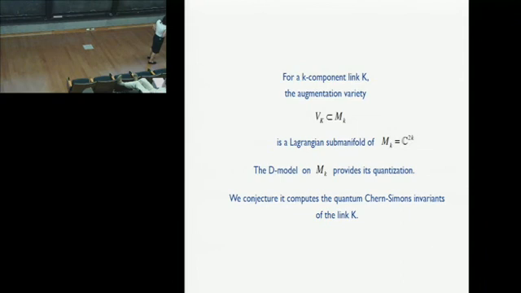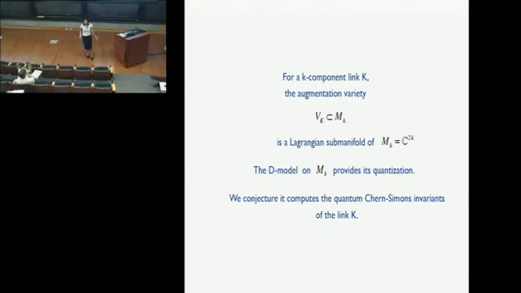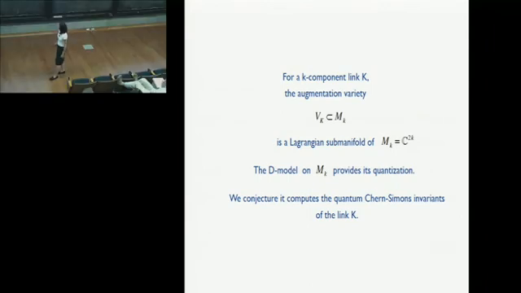Okay, so we can now apply it to augmentation varieties associated to links. This certainly unifies the links and the knots in a single picture, and it's natural to think that the D model on this higher dimensional manifold where the augmentation variety lives provides the quantization of the augmentation variety that should be computing the quantum invariants of the link.